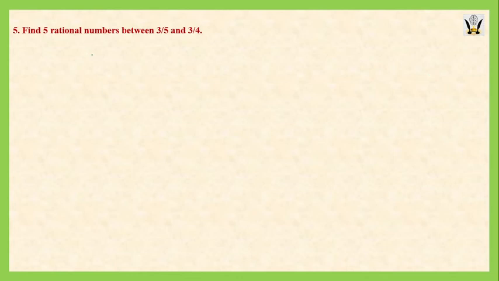Here we need to find 5 rational numbers between 3 by 5 and 3 by 4. So we know that 3 by 5 is less than 3 by 4. So let's choose 2 endpoints, one value here and another value here. This is 3 by 5 and this is 3 by 4.